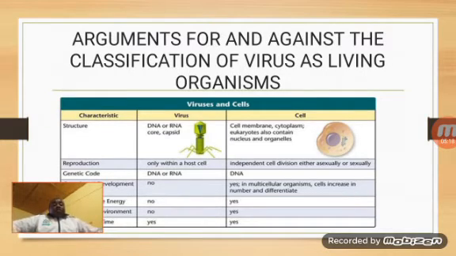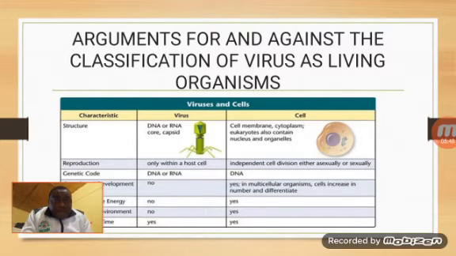When you say a virus is living, you are only backed up with one reason, which is the fact that they reproduce and they consist of DNA. But for those that are saying viruses are non-living, they are backed up with reasons which include that they need a host cell to reproduce. They do not reproduce on their own, I mean. And out of all 7 characteristics, they only carried out one.